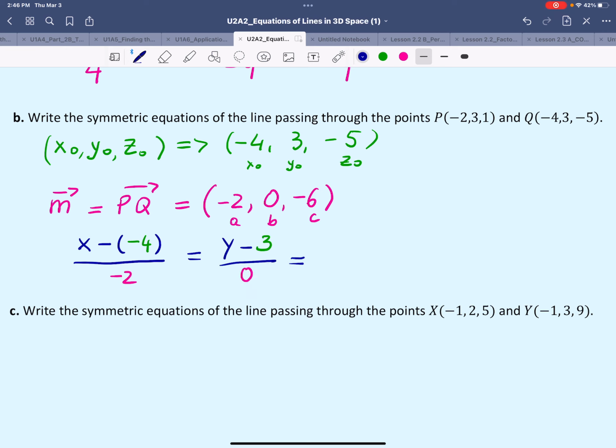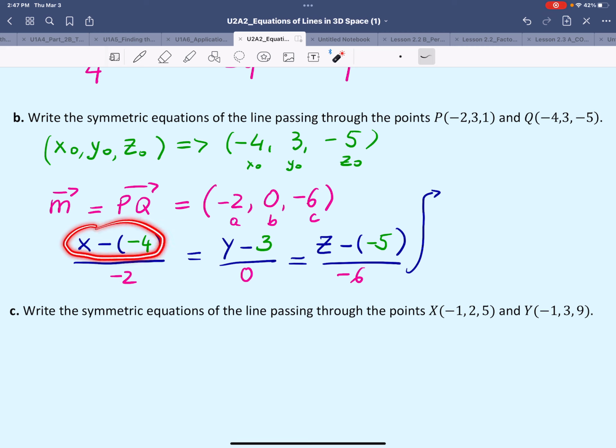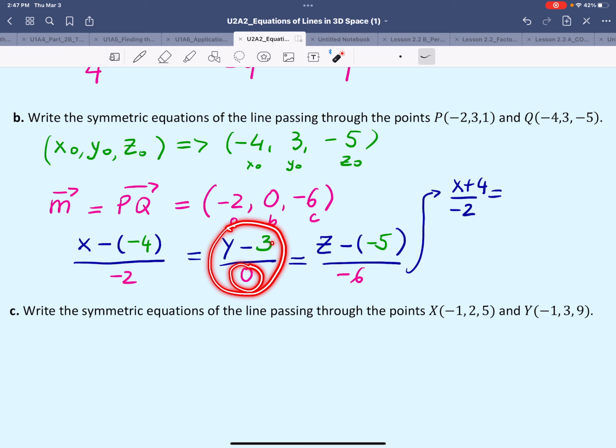And z minus -5, and then divided by -6. So let's simplify this. We have x minus -4, that's x plus 4 over -2. Now, as you can see here, this makes no sense because y minus 3 divided by 0 is undefined. So we're going to leave it aside for now. And I will write z plus 5 over -6.